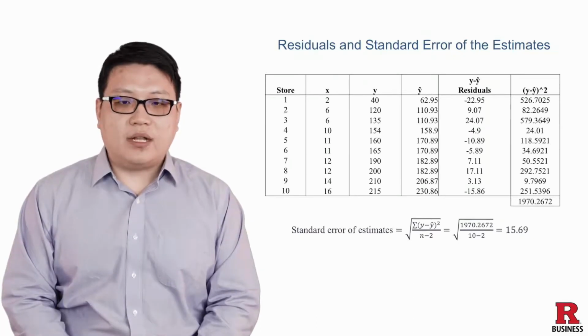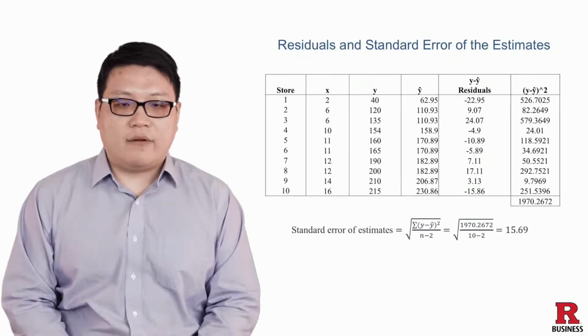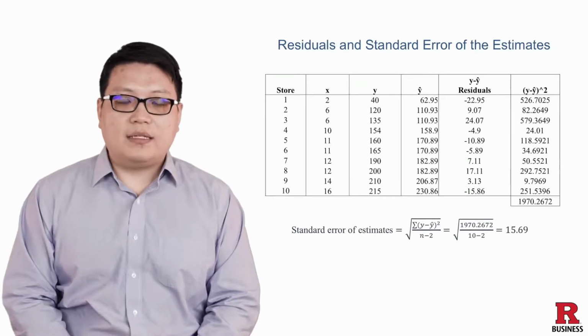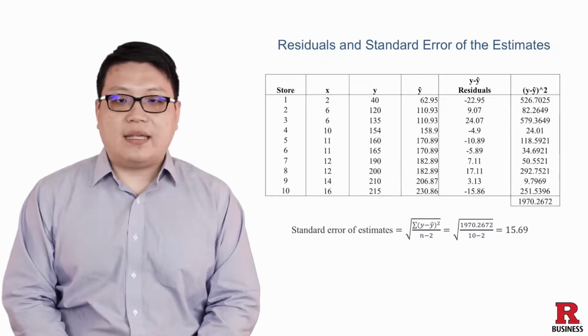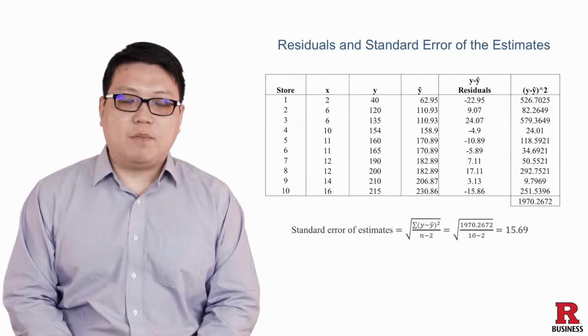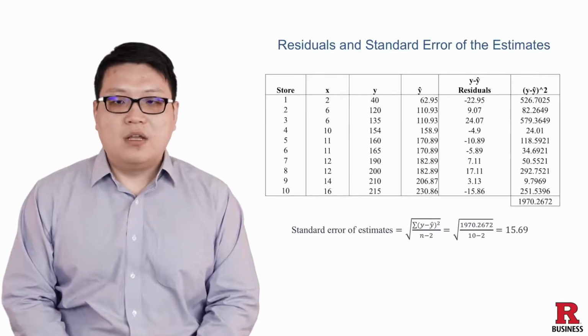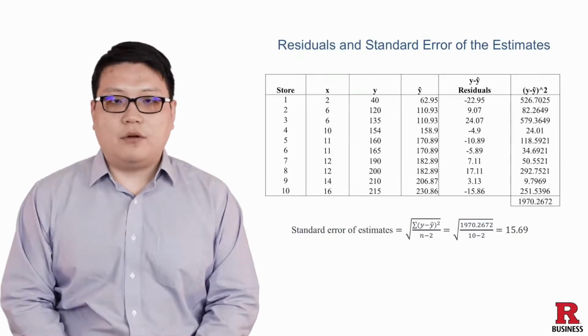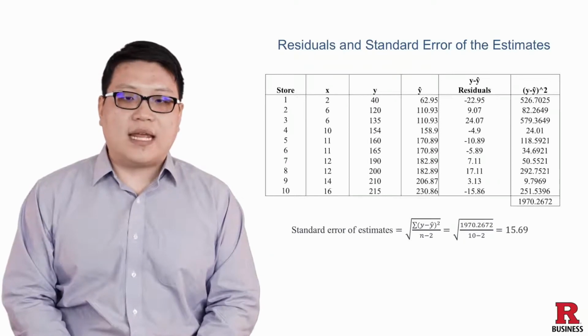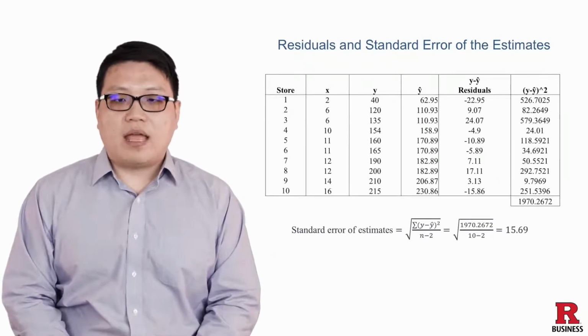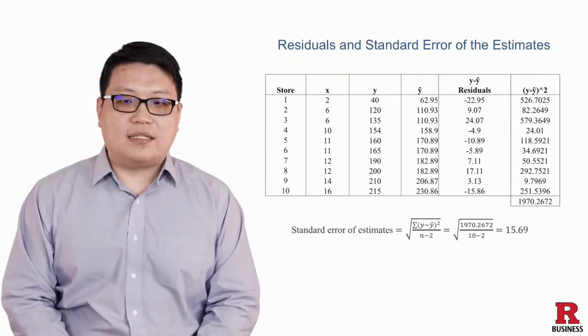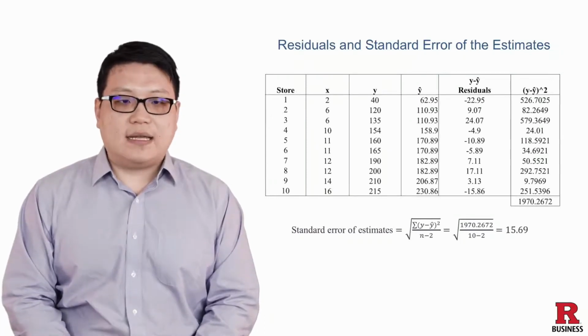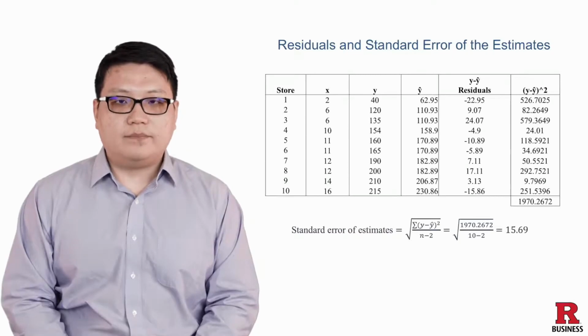The result of the standard error of the estimate tells us how much error we are making every time we make an estimation based on the regression model. For example, if we use the regression model to estimate a store with 10 employees, then on average, we are making an error of $15.69 thousand. That's the standard error of the estimate.